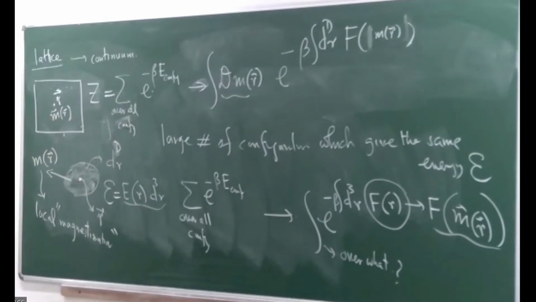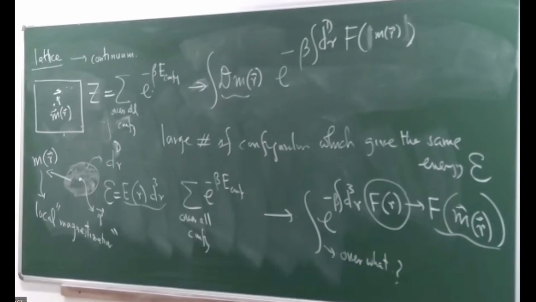In the discrete situation, I look at this point in space and say, is the spin up or is it down? If it is a Potts model, I say whether the spin is this or that, one of Q possibilities. But if it's Ising, for example, I just look and say spin is up over here. I look at a neighboring position, ask whether it is up or down.